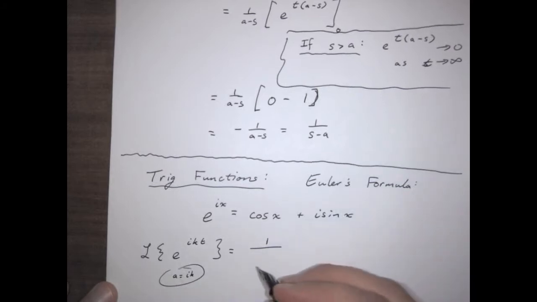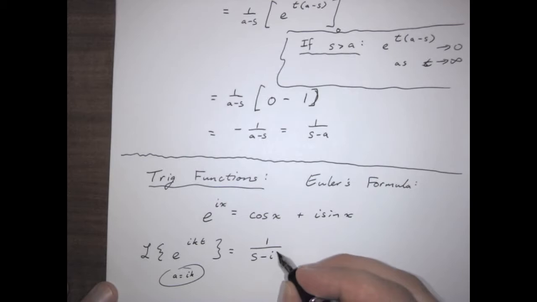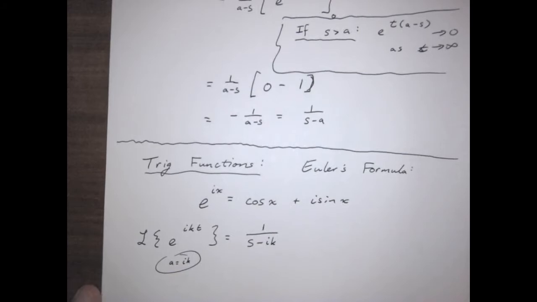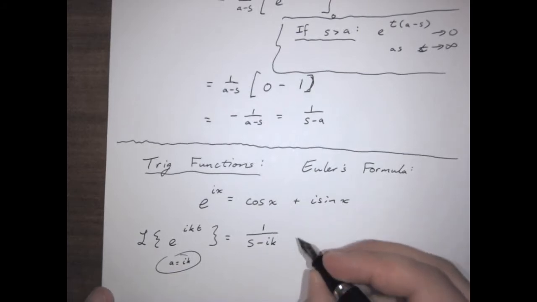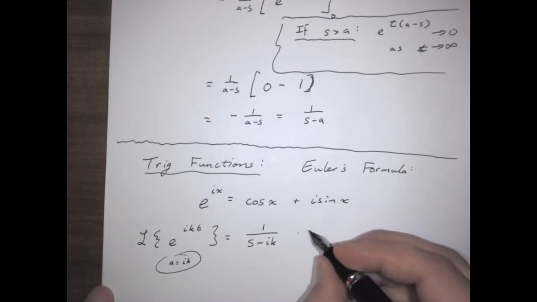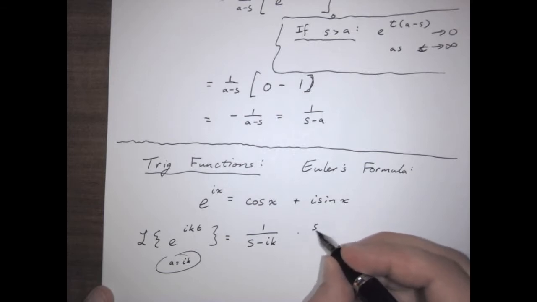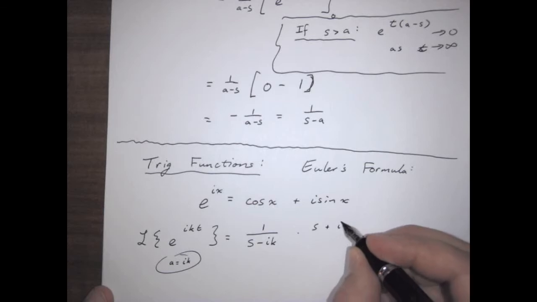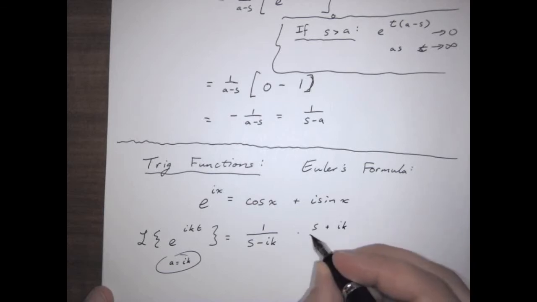So it's going to be equal to 1 over s minus ik. But s minus ik as a denominator can be cleared up by doing the equivalent of rationalizing it, which is to multiply the top and bottom by the conjugate.